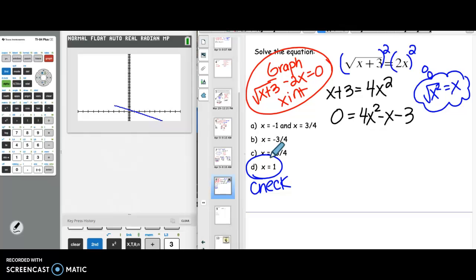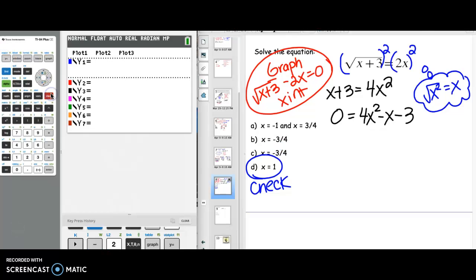And that's something that I can now use a lot of different strategies for. I can graph it, right? I could use the quadratic formula. I could try to factor. This one does look factorable.